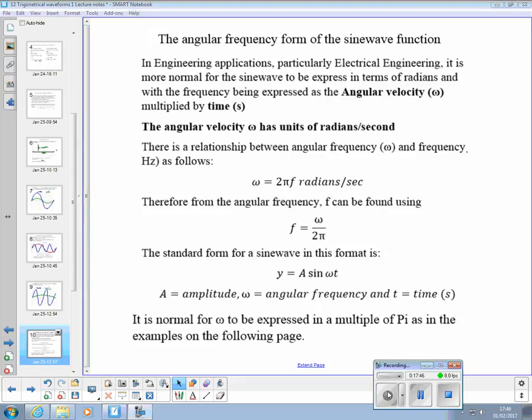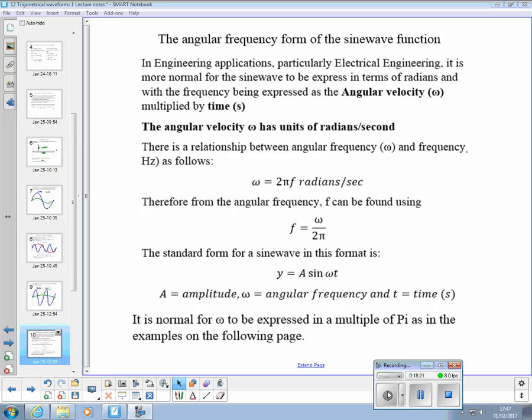From the angular frequency, f can be found using f is equal to omega over 2 pi. So we can use that relationship to get the frequency out in hertz if we want to. The standard form for a sine wave in this format is y is equal to I, the amplitude, times the sine of omega, the angular frequency, multiplied by t, the time in seconds.